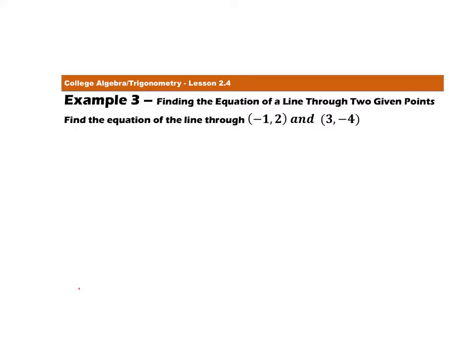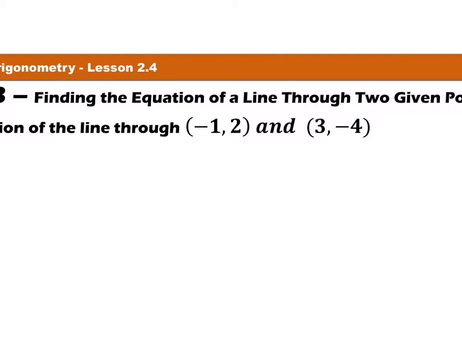If I had to write the equation of a line given two points, with our point slope form, guys, what do we need? We need a point and what? You can use either point you want, but what do I have to find? I would find the slope first, so negative 1, 2, 3, negative 4. So it's y over x. I'm going to say negative 4 minus 2.